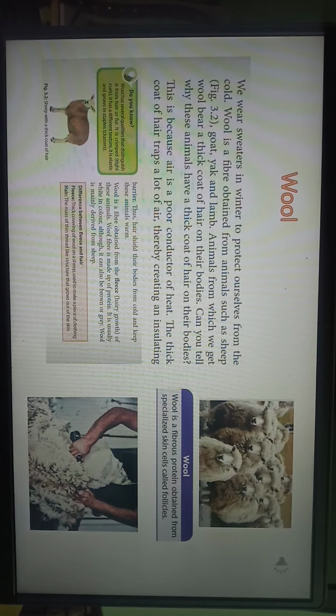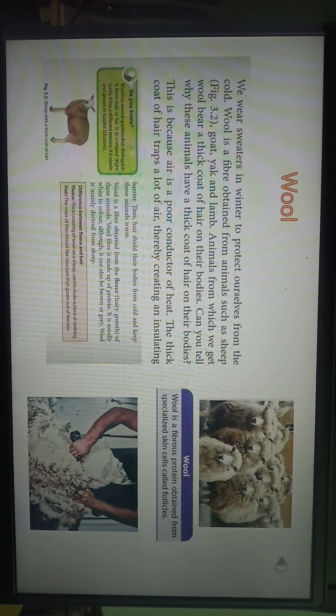Hair क्या है? It is the mass of thin thread-like structure that grows out of the skin. Skin से grow करता है. That is hair. Okay?